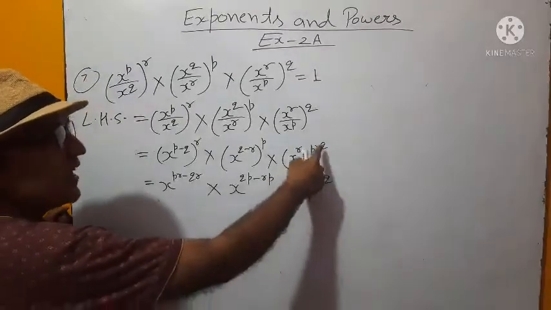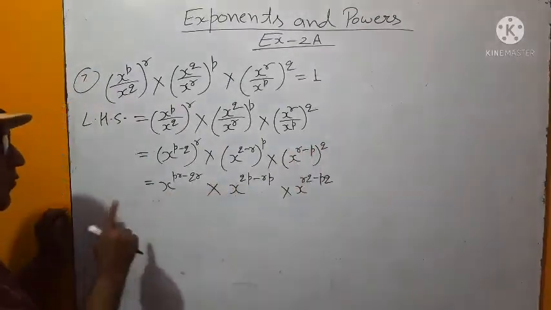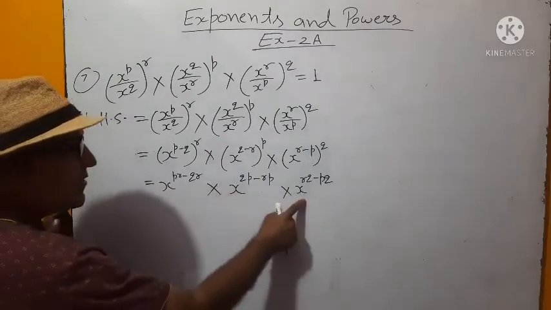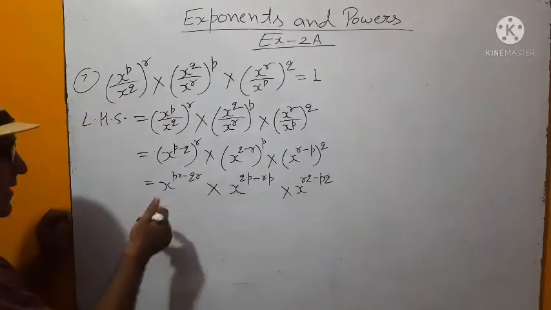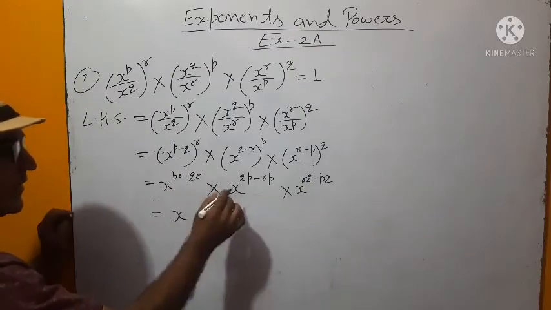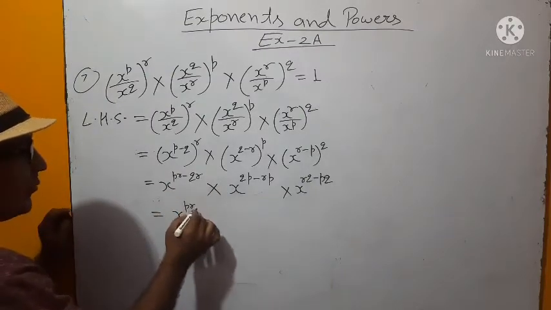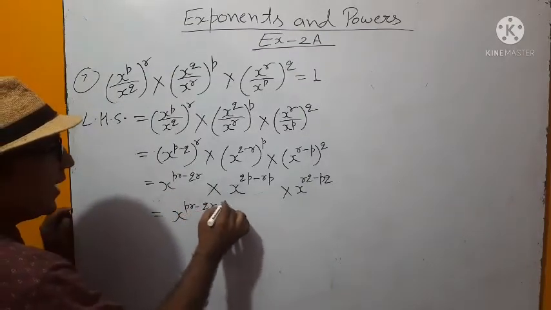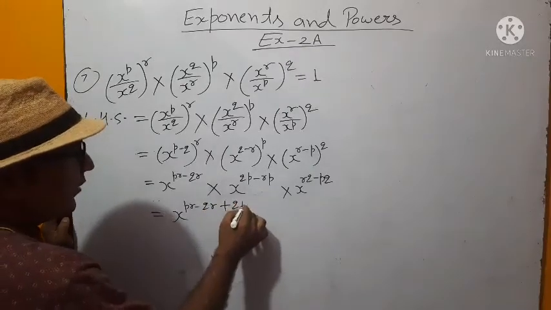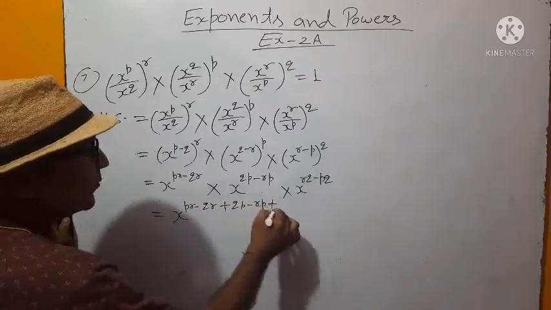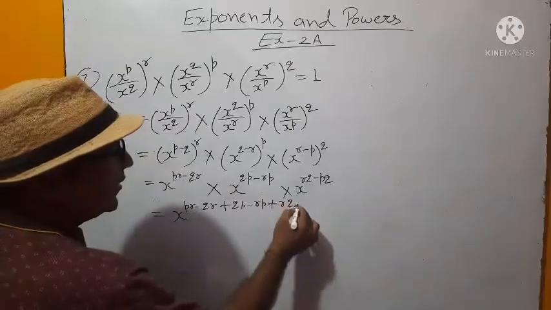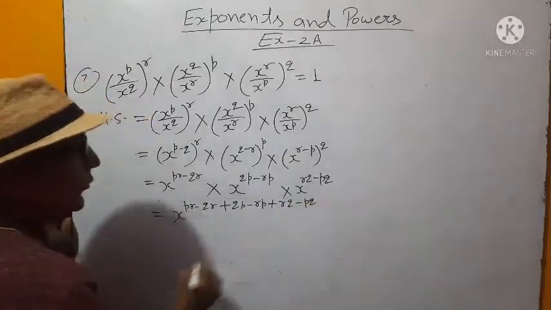Exponent over exponents are multiplied together. Now we are watching that bases are similar. If bases are same, then exponents are added. So we can write here pr - qr + qp - rp + rq - pq.